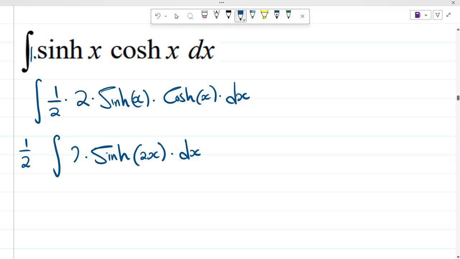And then when I have 2, I just multiply this integral by 1 over 2. Initially we had 1 over 2 outside the integral, so now I'm putting 1 over 2 again.